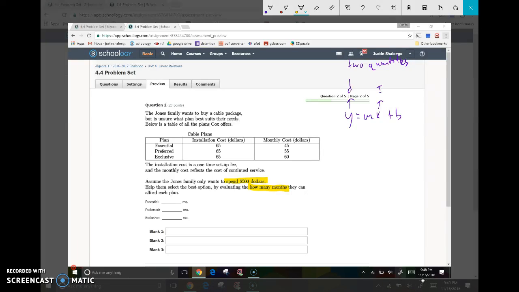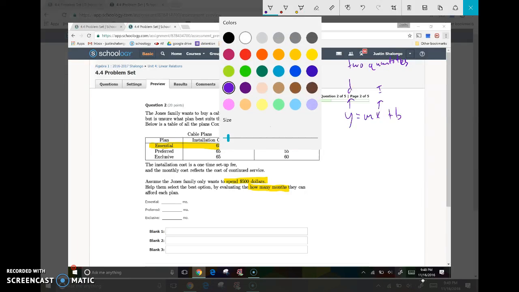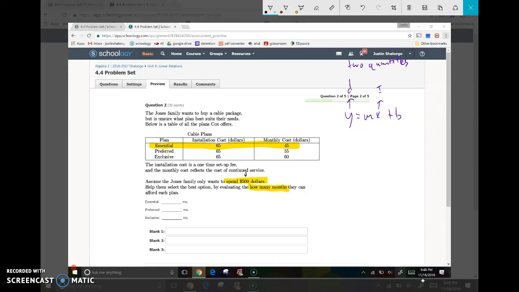So if we only look at the essential plan, the Jones family has $500 to spend. So how many months will that $500 get them? Well, let's do some math to figure this out. So we have $500.